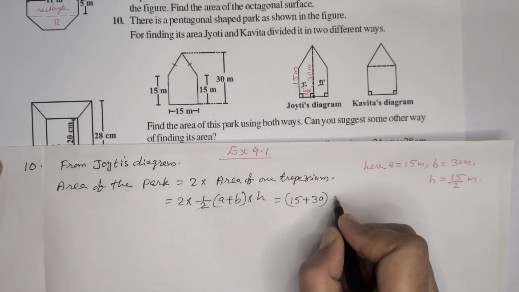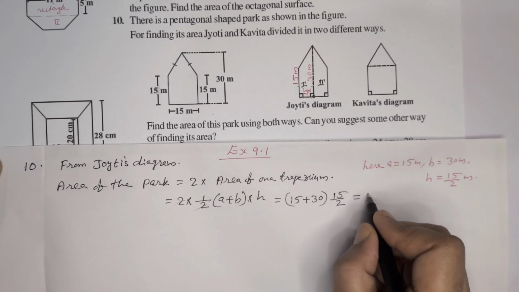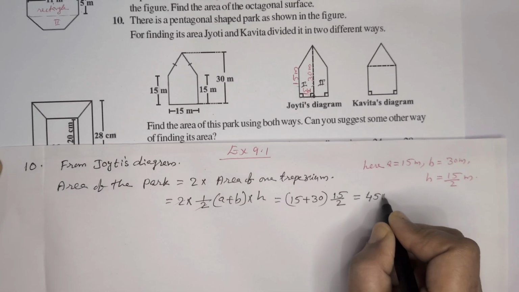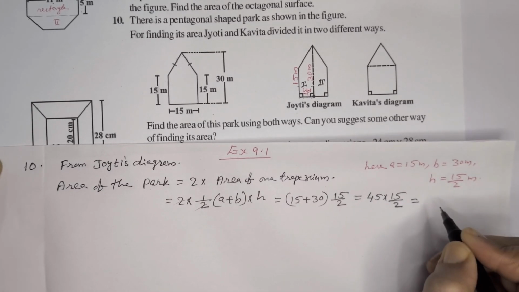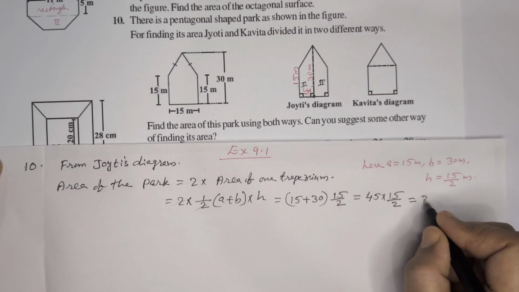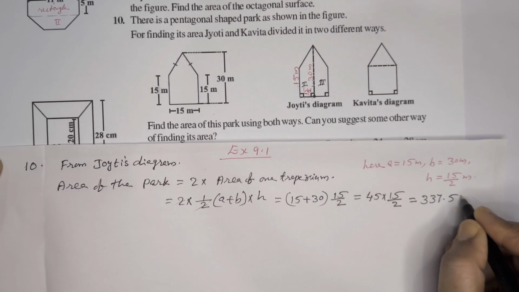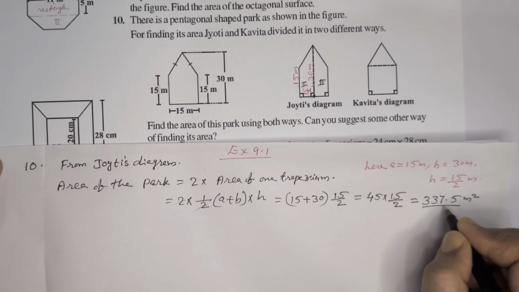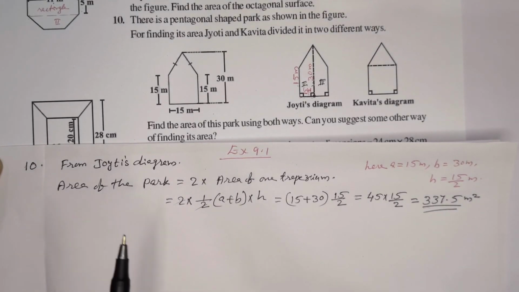Height is 15 by 2, which is equal to 15 plus 30, that is 45, into 15 by 2. And that is equal to 337.5 meter square. That is the area of this park from Jyoti's diagram.